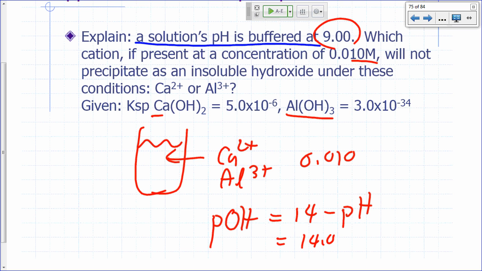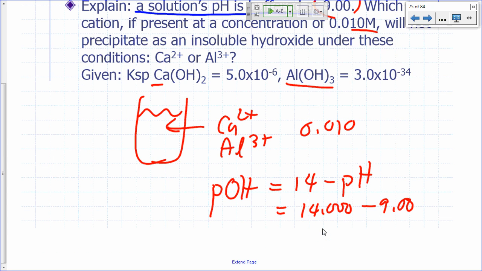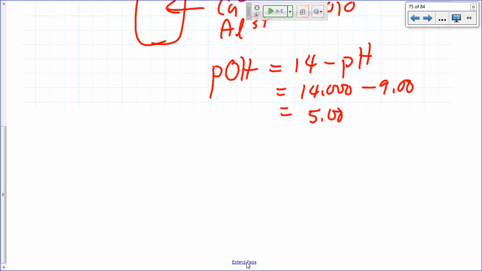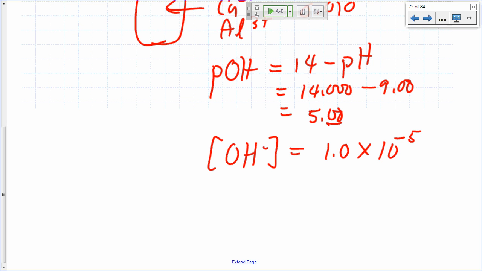So 14.00 minus 9.00 gives me a pOH of 5.00, right? So if my pOH is 5, what's my hydroxide concentration? It's going to be 1.0 times 10 to the negative 5.